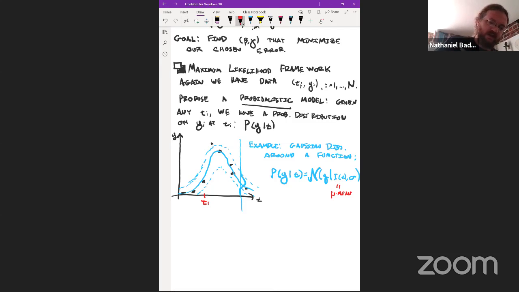Let me just say how you say this: probability of y given t. Then the goal is to figure out how likely it is that the data points were actually drawn from this distribution.